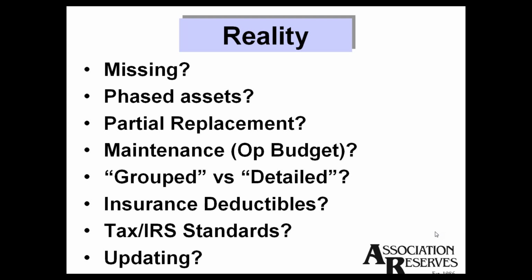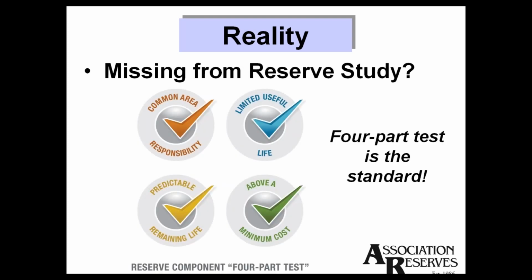let's talk about a little bit of reality. What do you do if a big project comes up and doesn't appear on your reserve study? It's missing. It may look like you've got plenty of cash in reserves, but you wonder, can you spend reserves on the project? Let's say the vendor reminds you that the association did that project about 10 years ago. It certainly sounds, as he describes it, like it's a predictable, recurring, significant expense that meets the four-part test.